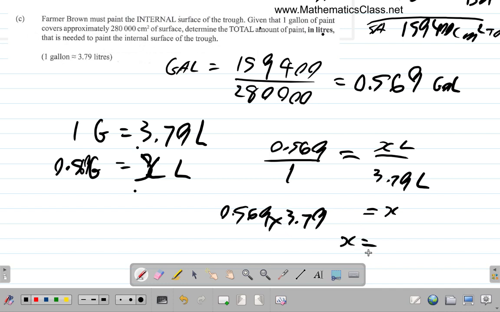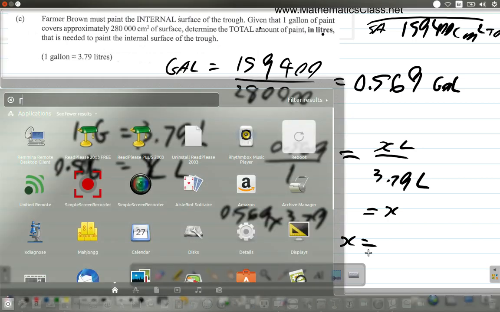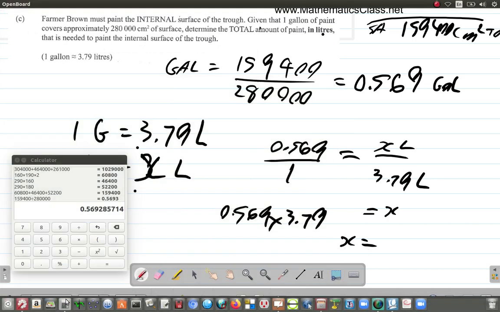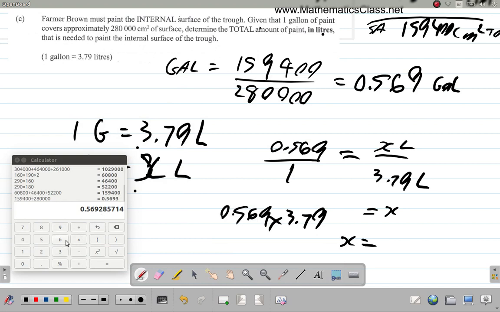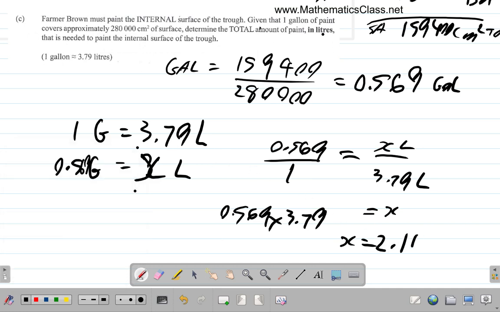So X equals how much? You multiply that by 3.79 equals 2.16 liters. 2.16 liters of paint.